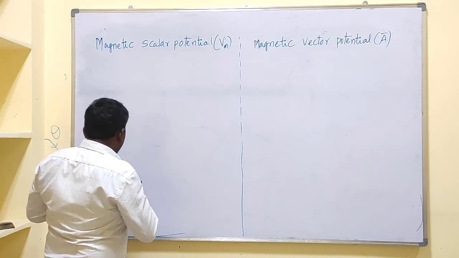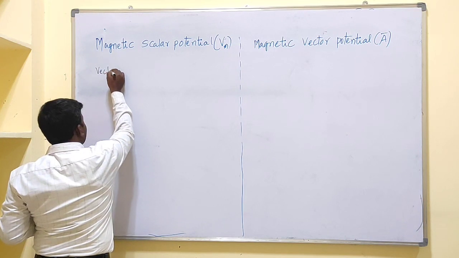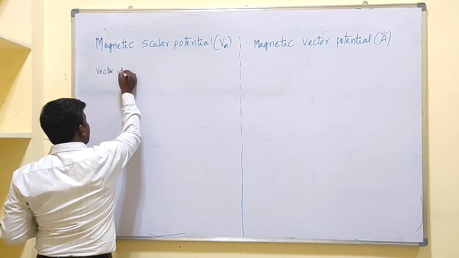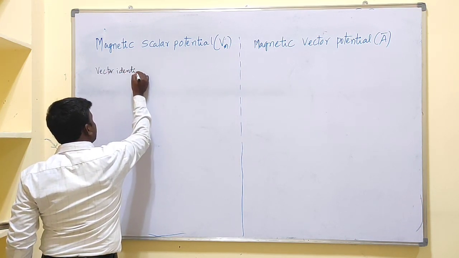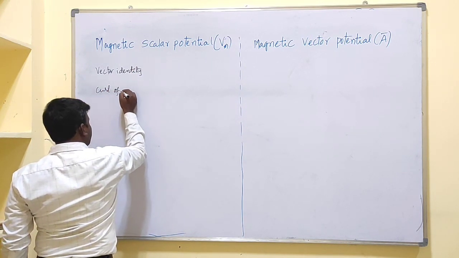We know one of the vector identities: curl of gradient of any scalar is 0.